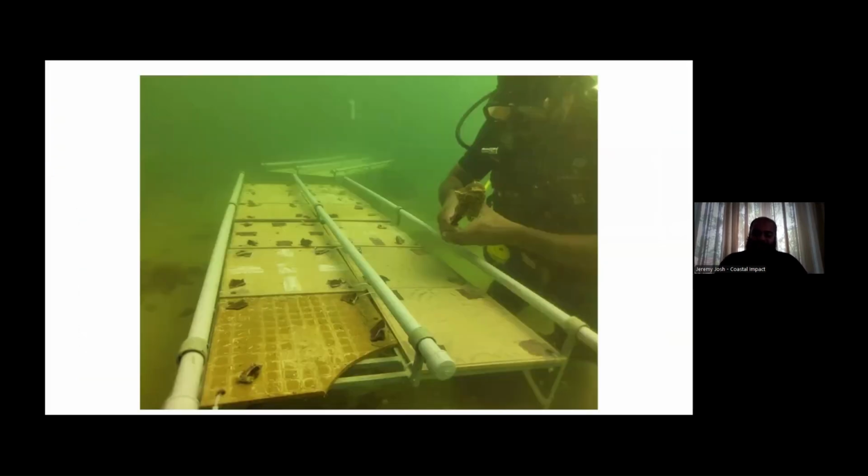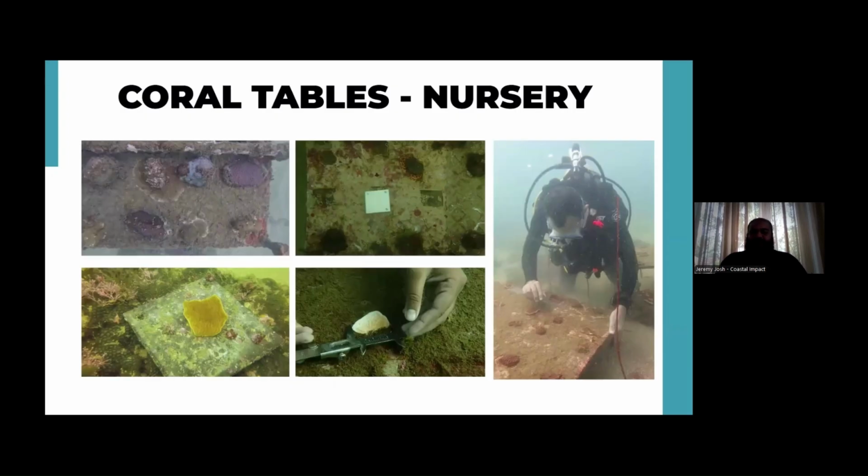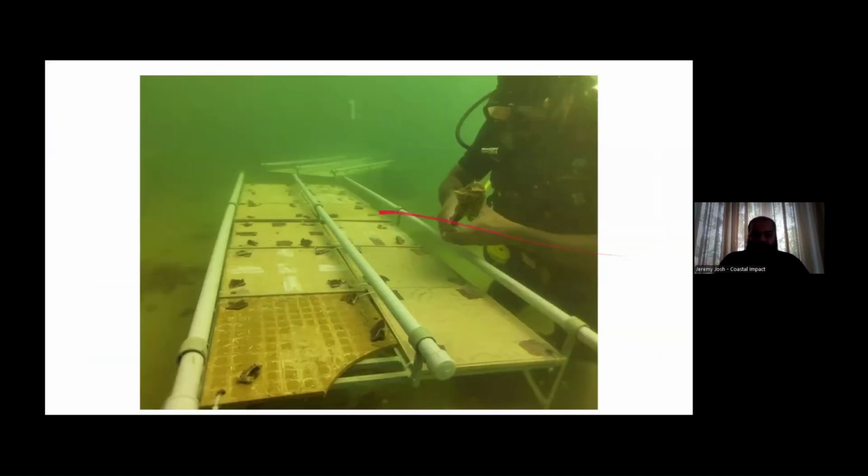We fabricate really low cost temporary structures made of metal, so these metallic frames, and to these frames we attach flooring tiles. We go to tile shops and get donated flooring tiles, and essentially utilize those tiles as hard substrate for the coral to grow.